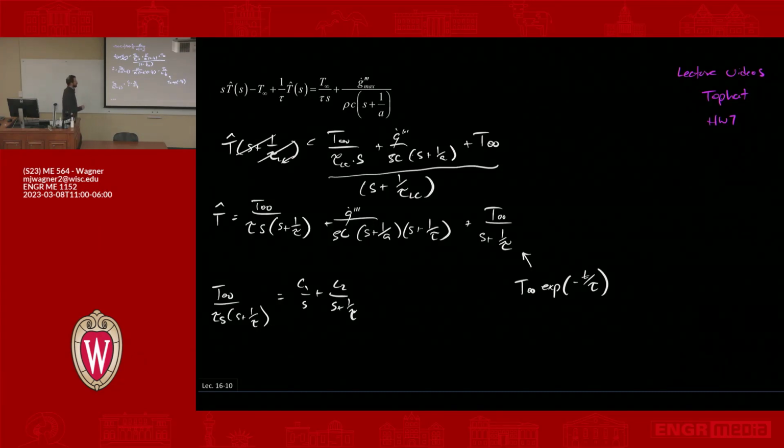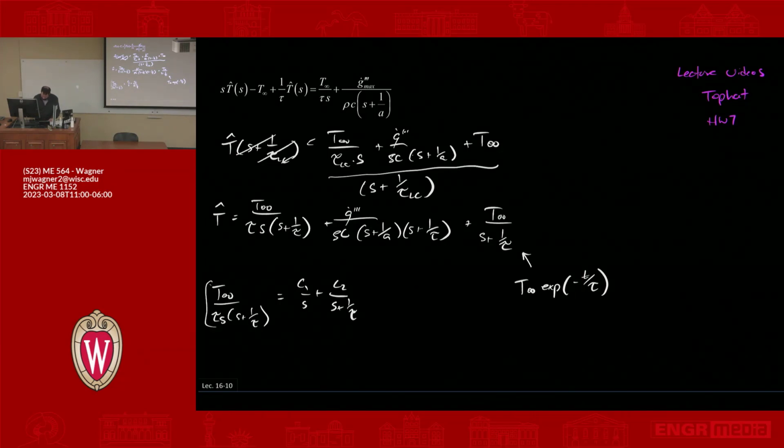Right. And just note, when I'm writing the c1 and c2, I'm sort of neglecting the fact that I have t infinity over tau. That all comes out in the procedure for solving for the unknown constants. So we just say it's whatever the constant is over the important term, which is s, or s plus 1 over tau.